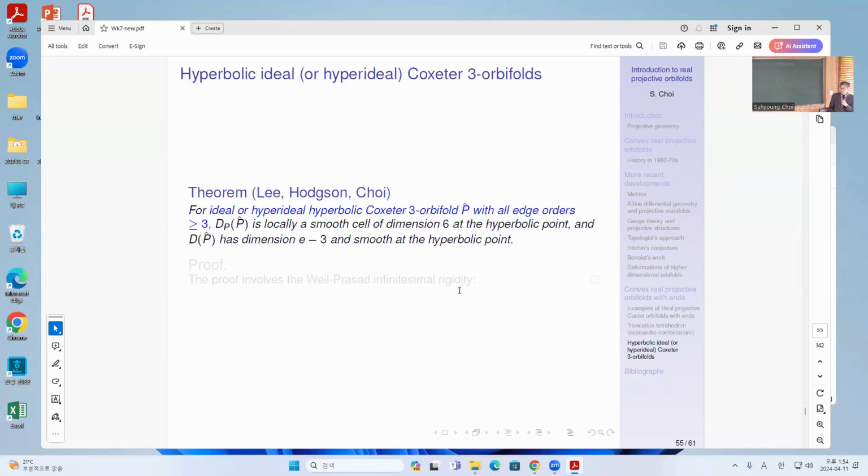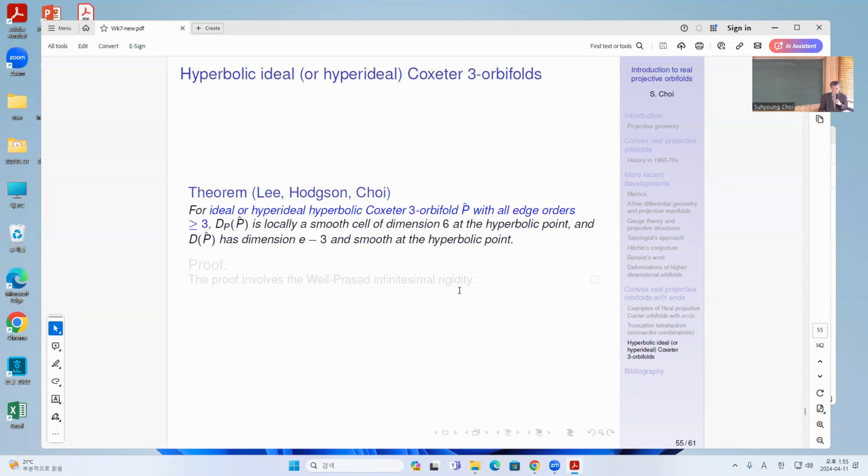And then the next type of result was when you have an ideal or hyper-ideal convex Coxeter orbifold P hat. So you take some polytope here which admits a hyperbolic structure. For example, you take a polytope with all the vertices on the sphere at infinity in the Klein model, and those exist plenty.